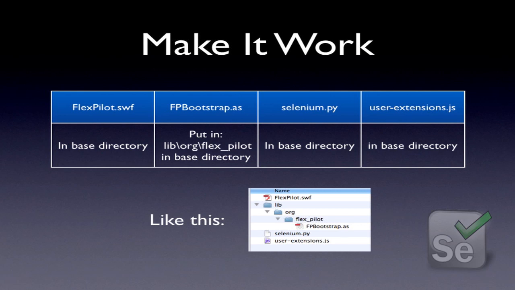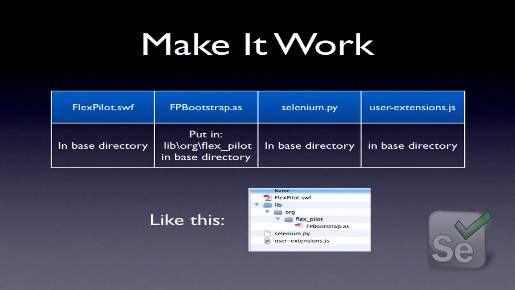So there's basically 4 files that you need to worry about when setting it up that are not that easy to set up. I got tripped up by this numerous times. The first being the Flexpilot.swf, which is the Flexpilot code itself.